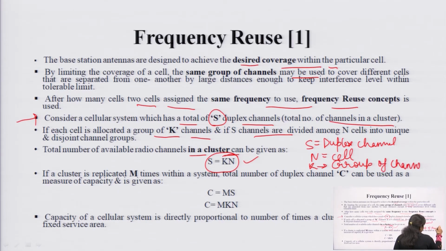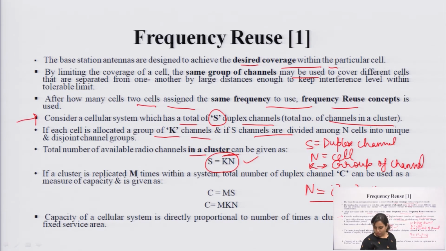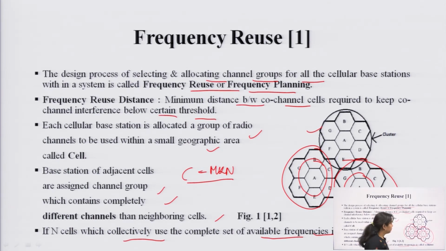And how do you calculate n? N has the formula i square plus j square plus i j. How do you decide this i and j? If I discuss it with this diagram, let us say i is equal to 1 and j is equal to 2, then I have to calculate the value of n, the number of cells included in a particular cluster.